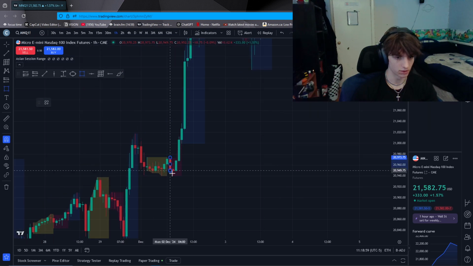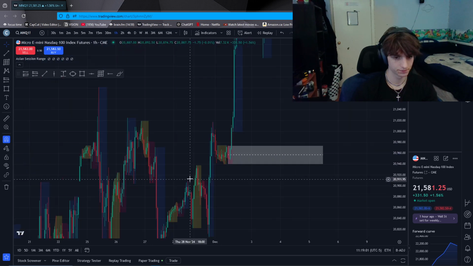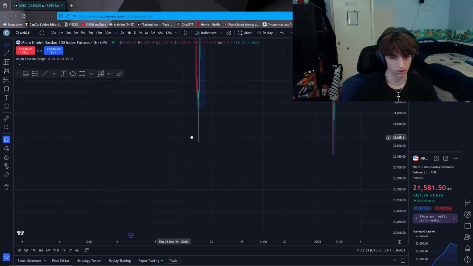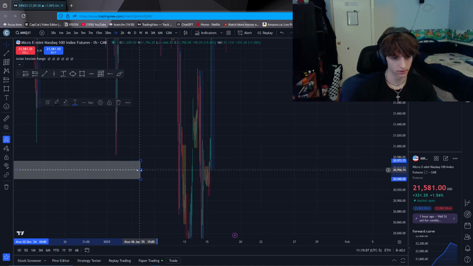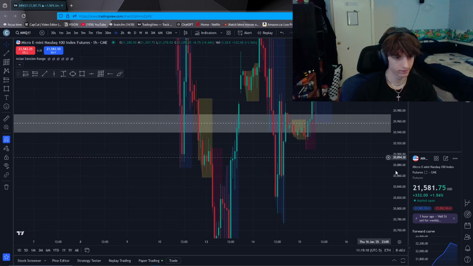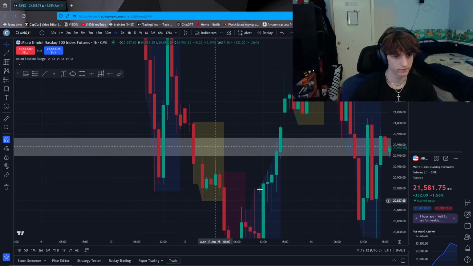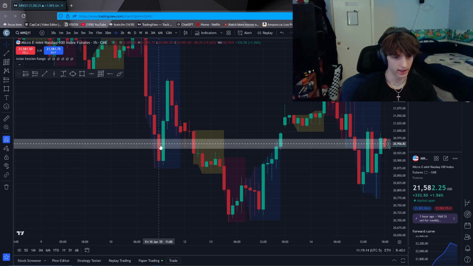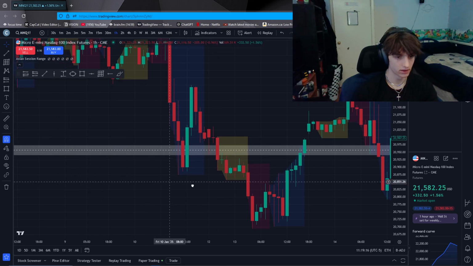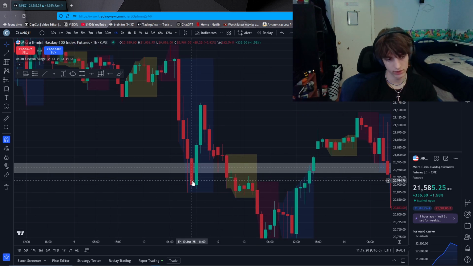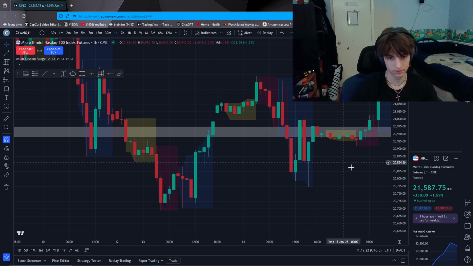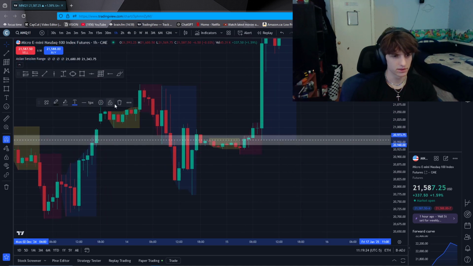This is a really good order block, but I don't think we tapped into this. No. Unless we did later on. Oh, we almost did. We did over here. Yeah, we tap into it. See, second we tap into it, we close above it, and then we go below it, and then we have another leg up. I'm not really finding some good examples here.